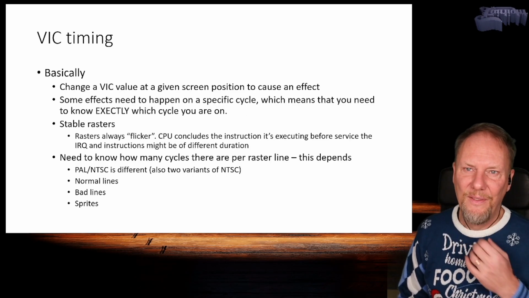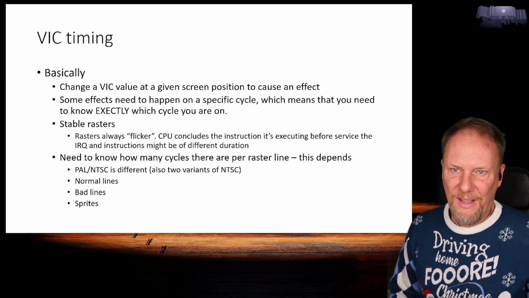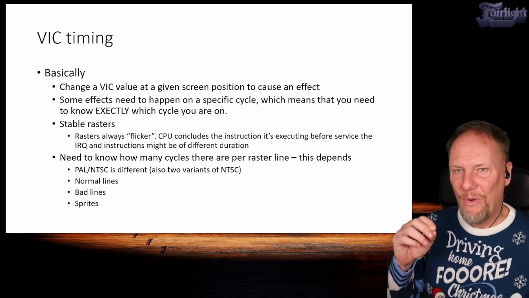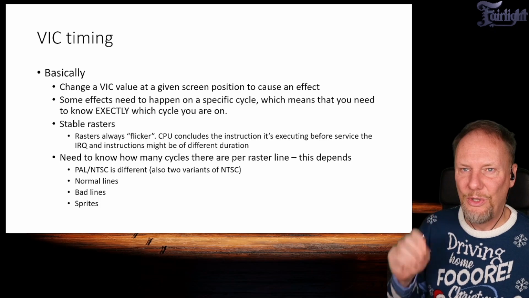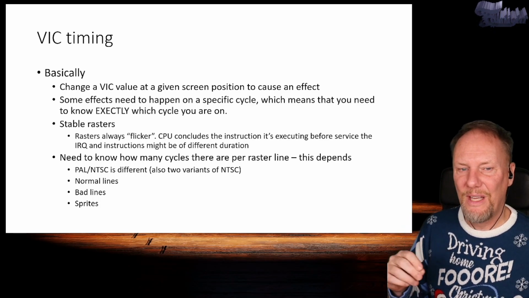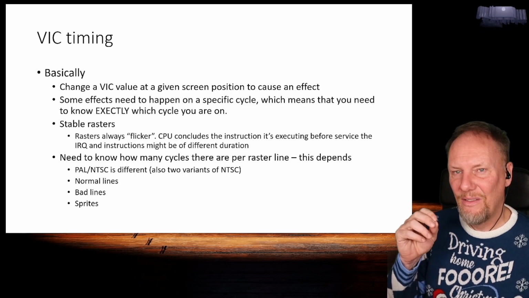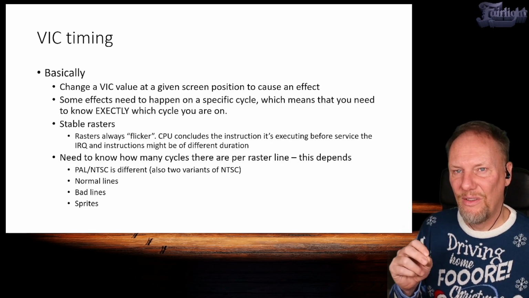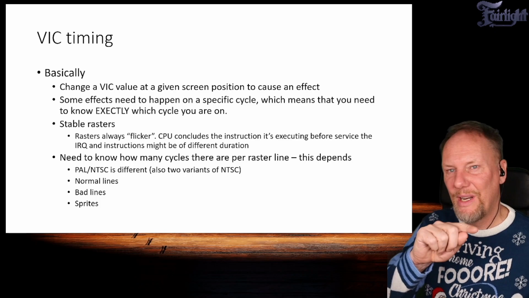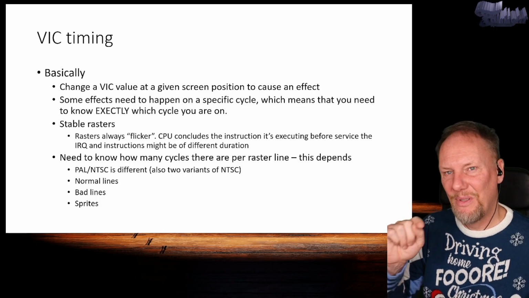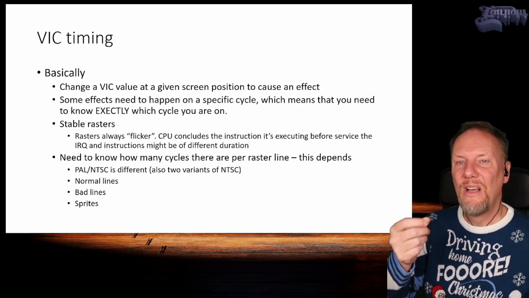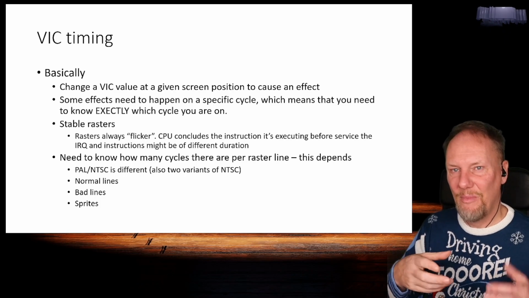Okay, VIC timing. So as I referenced before, the key to doing many of the VIC effects is changing a value inside the VIC at a specific place on the screen, just when it's drawing something in particular, and then you change a bit in the register and then magic happens.